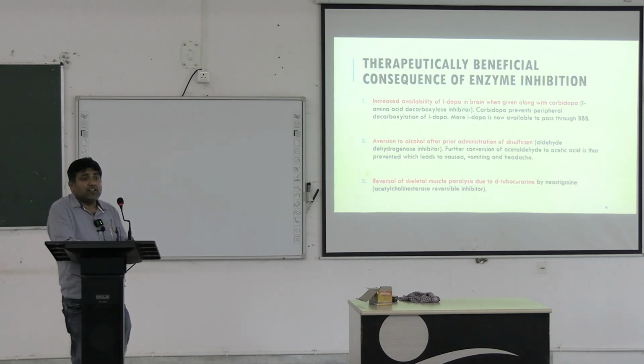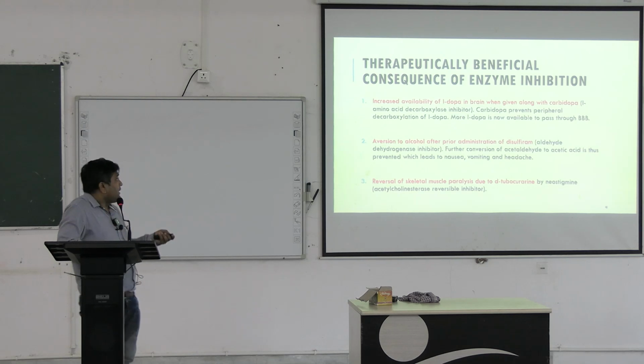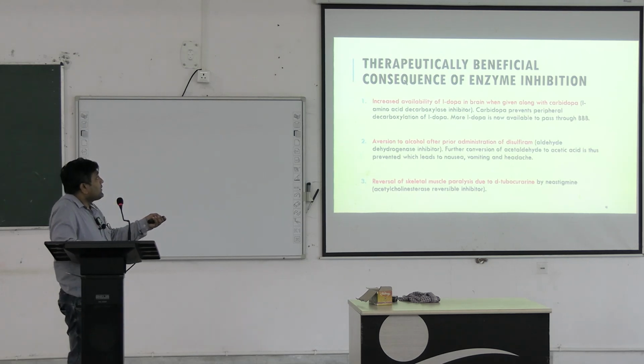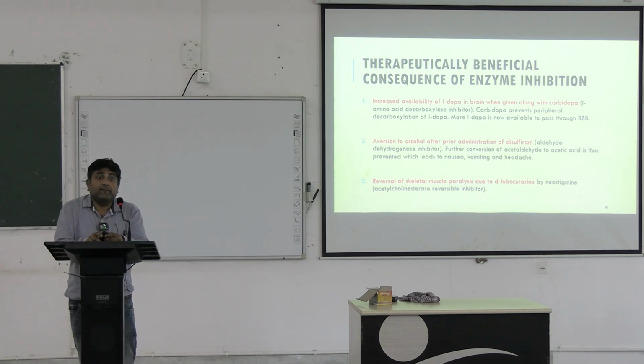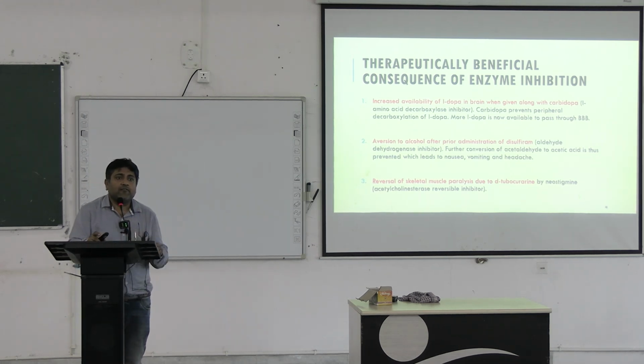Now, what are the beneficial effects of enzyme inhibition? Number one, levodopa co-administered with carbidopa. Levodopa is an anti-Parkinsonian drug, but it's a prodrug. It is converted in the body to dopamine, and this dopamine acts on the brain. So why is dopamine not consumed directly?